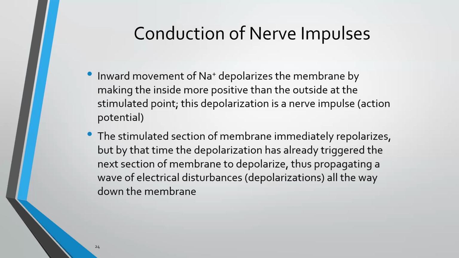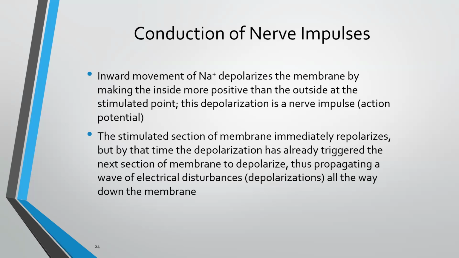All right, so conduction of the nerve impulses. When a nerve is conducting impulses along the neural pathway, there has to be a change in the positive to negative charge across that membrane.